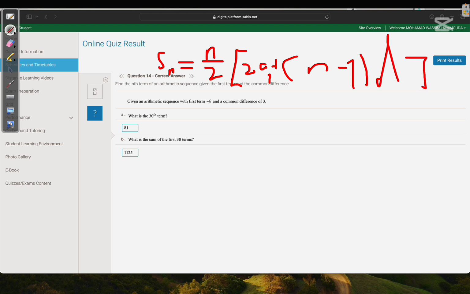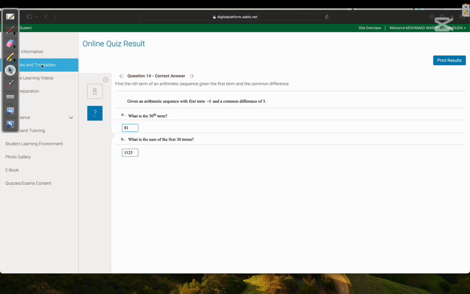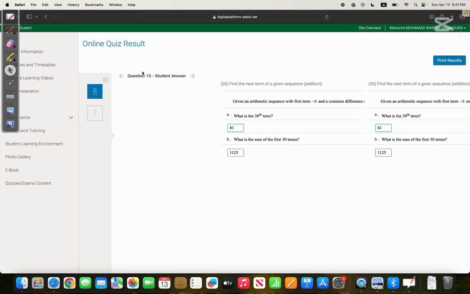So n/2, which is 15 brackets 2 times -6 plus 29 times 3, which is 1125, and as we have it here.